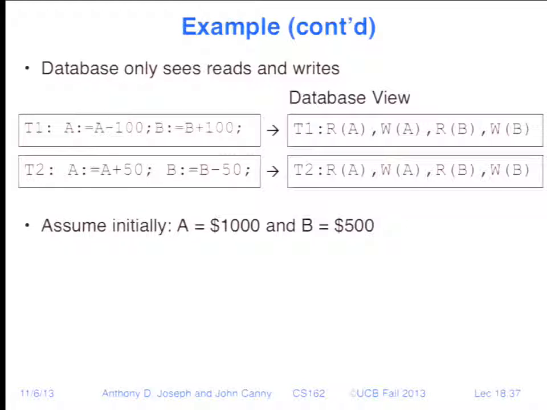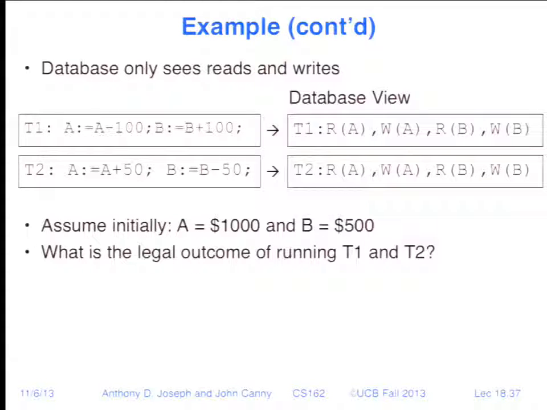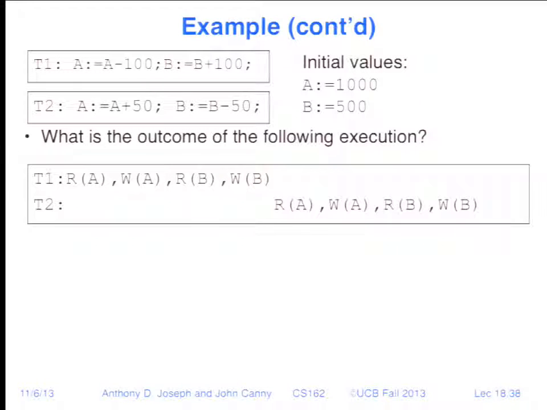So if we start with, say, $1,000 in A and $500 in B, what's the legal outcome? What's the outcome we want from running those 2 transactions? We're moving 100 from A to B and then 50 back. So we should just, in effect, move 50 from A to B. So A should drop by 50 and B should be incremented by 50.